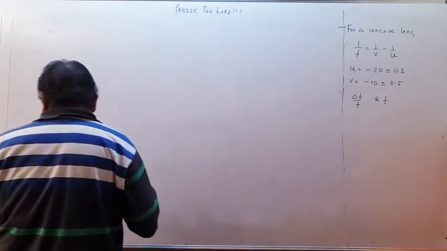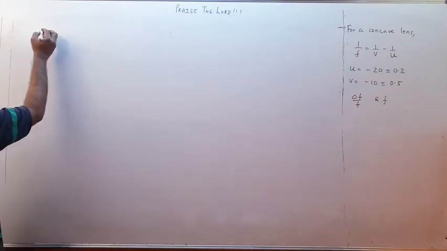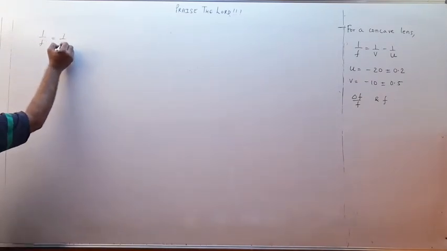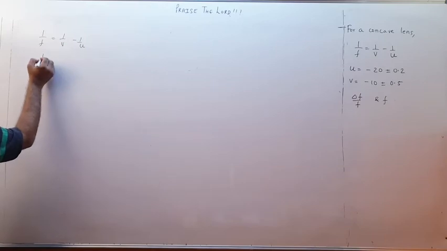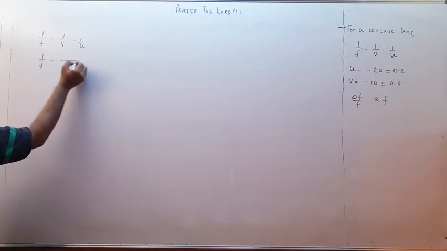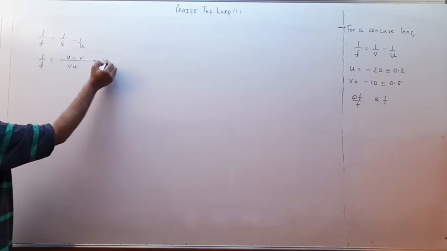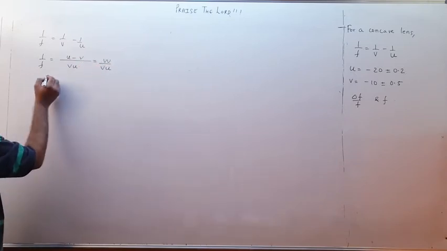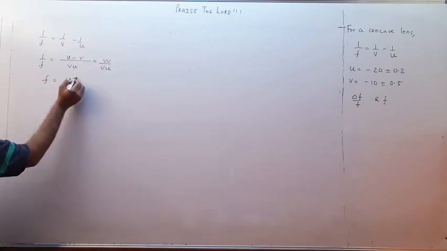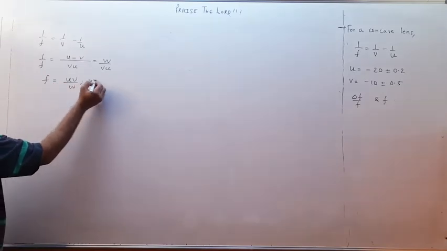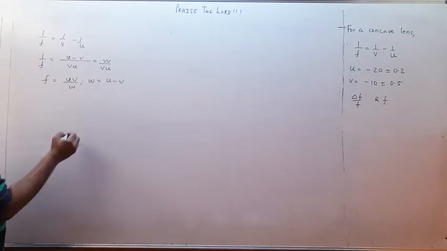So children, one of the methods is 1 upon f equal to 1 upon V minus 1 upon u. So 1 upon f, taking LCM, becomes u minus v, and that is taken as W upon VU. So F will become UV upon W, where W is U minus V, that I keep in mind.